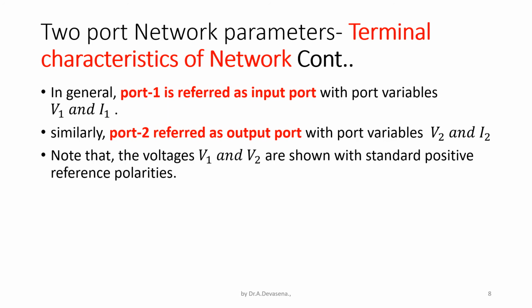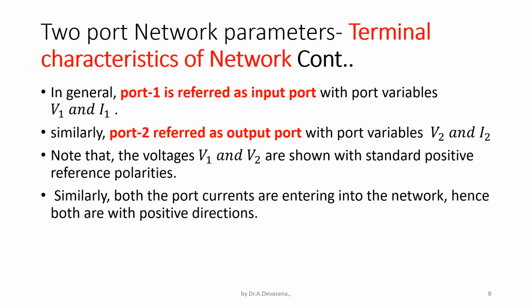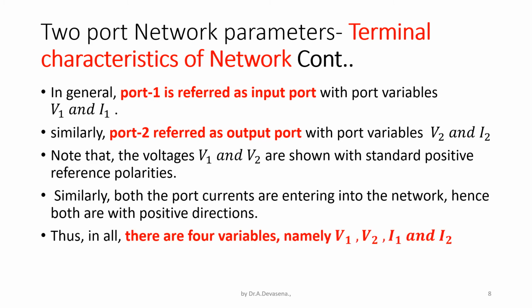Note that the voltages V1 and V2 are shown with standard positive reference polarities. Similarly, both the port currents are entering into the network, hence both are with positive directions.